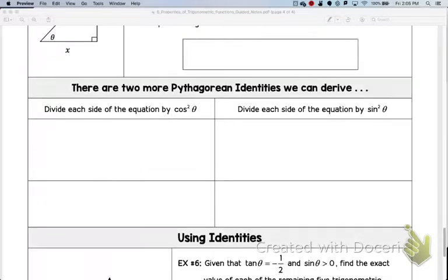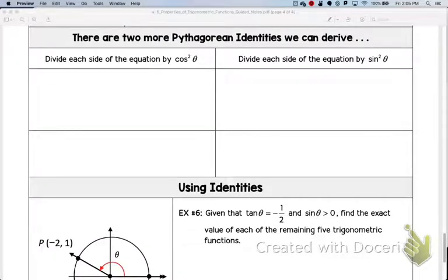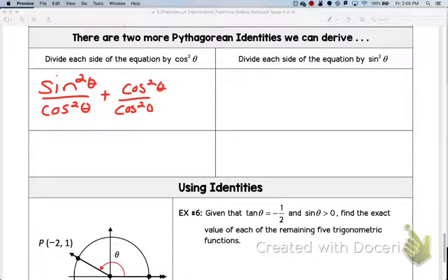So there are 2 more Pythagorean identities that we can derive from there. Let's say we divide each side of that original equation by cosine squared theta. Then we get sine squared theta over cosine squared theta plus cosine squared theta over cosine squared theta is equal to 1 over cosine squared theta.